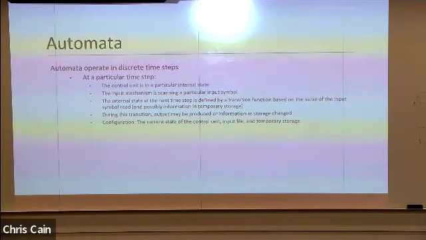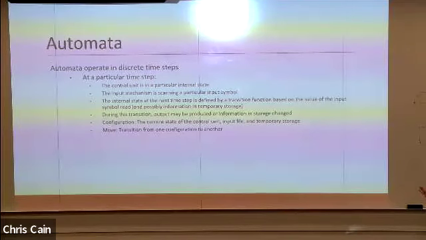The configuration is just a tuple of the control unit's state, the position in the input file, and all of the storage at the current point in time. We can define the concept of a move as this process, the transition from one configuration to the next configuration, based on the character in the input file.